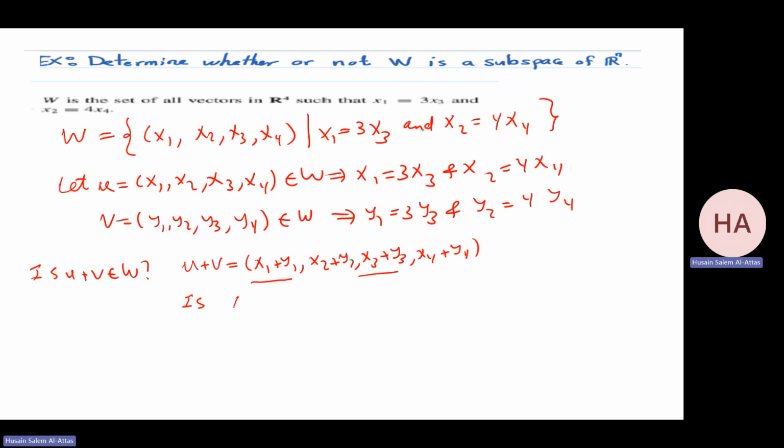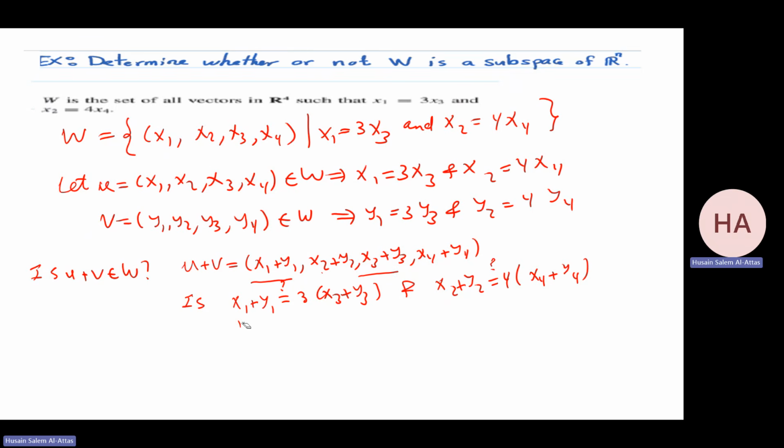So is x1 plus y1 equal to 3 times (x3 plus y3)? That's the first question. The second question: is x2 plus y2 the same as 4 times the fourth component? That's the question.